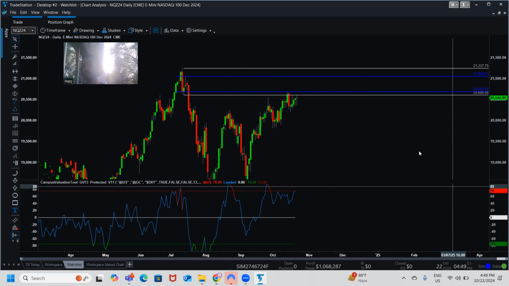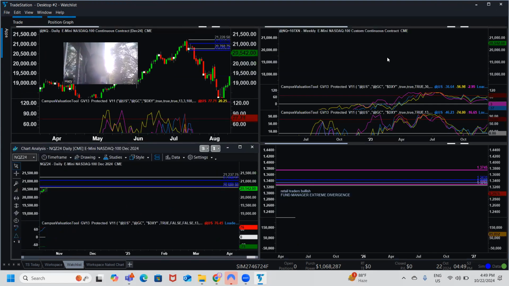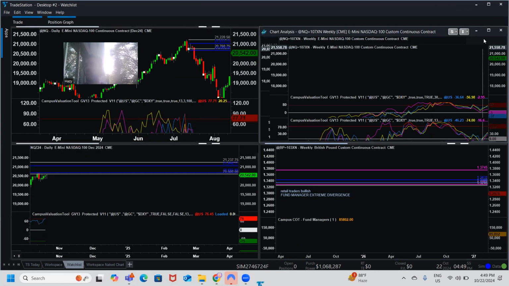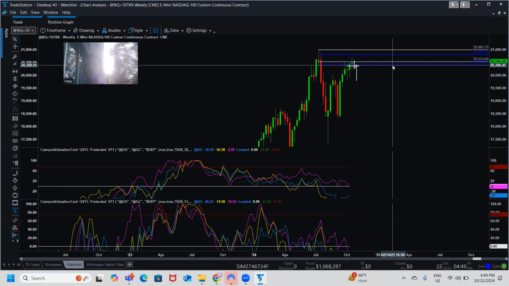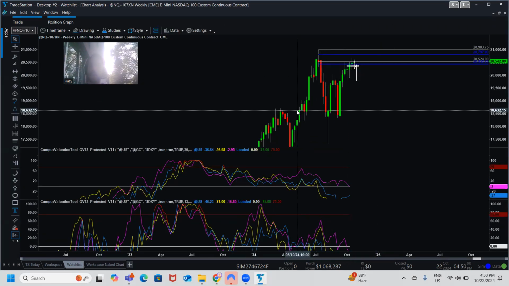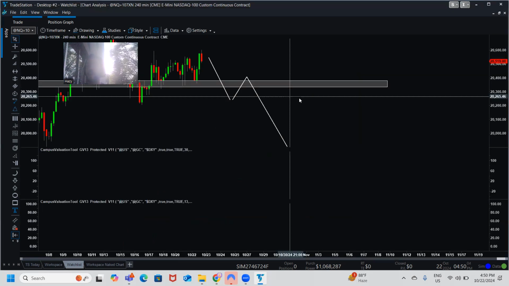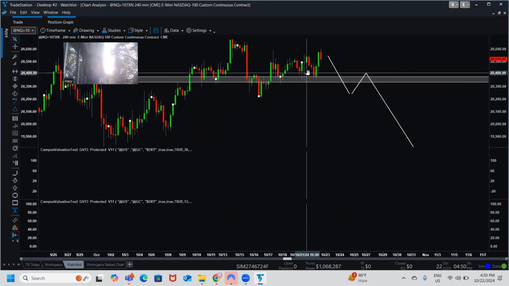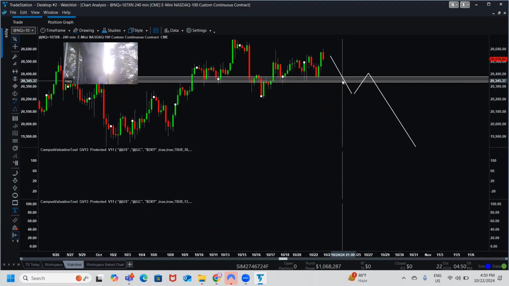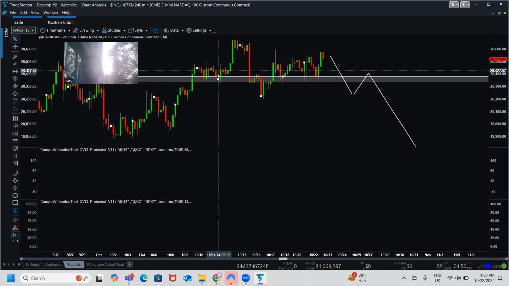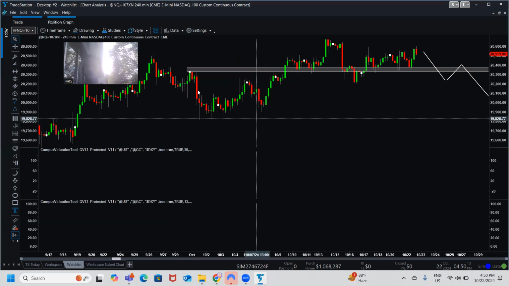So what am I looking for? On the unadjusted chart, I'm looking for price to do exactly what I drew. It's already doing a bullish structure. I'm waiting for price to break this strong support.